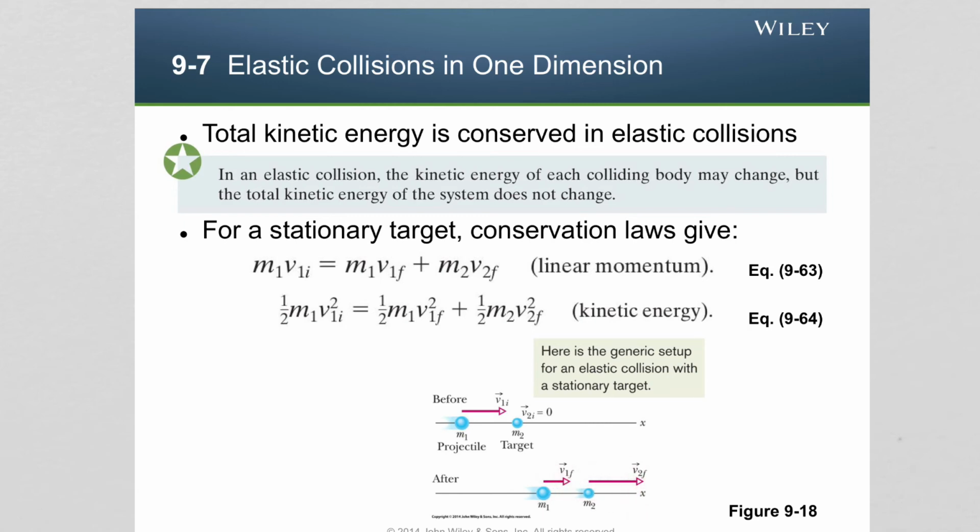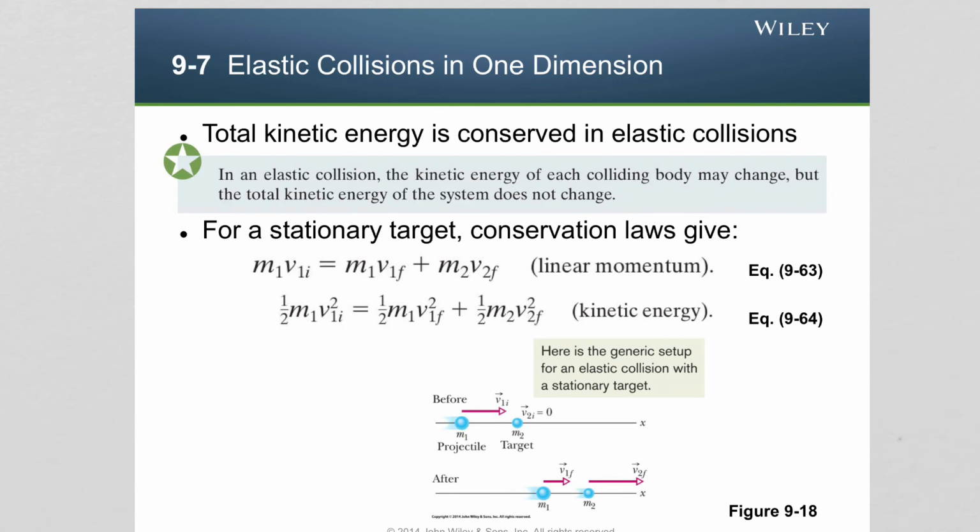In this case, applying the conservation of linear momentum tells us that the linear momentum of the system before collision, which only equals the linear momentum of the first object, is equal to the sum of the linear momenta of the two objects after collision, here and here. And also that the kinetic energy of the system before collision, which is simply the kinetic energy of the first object, is equal to the kinetic energy of the system after collision, which is the sum of kinetic energies of the first and second object after collision.